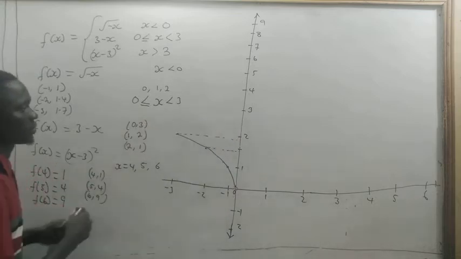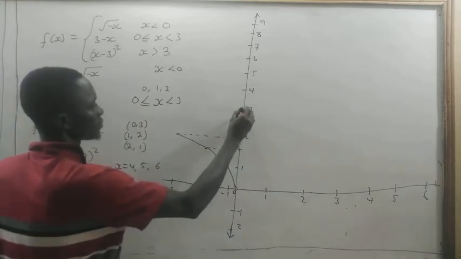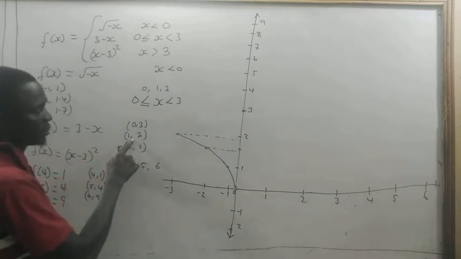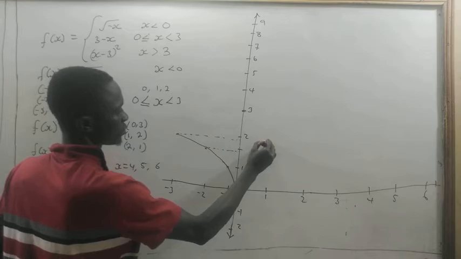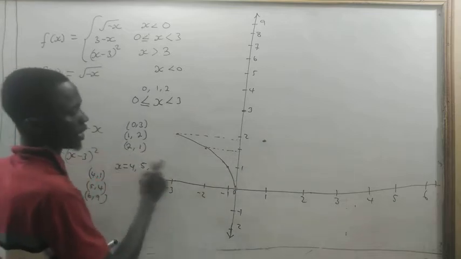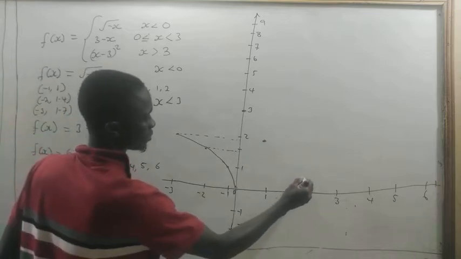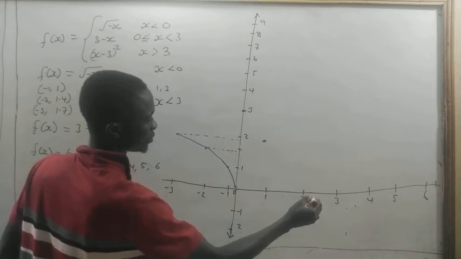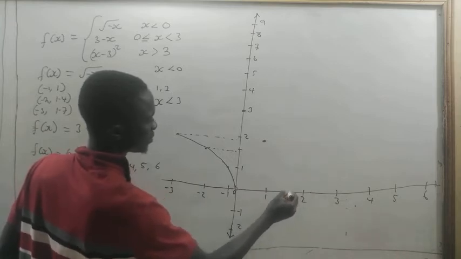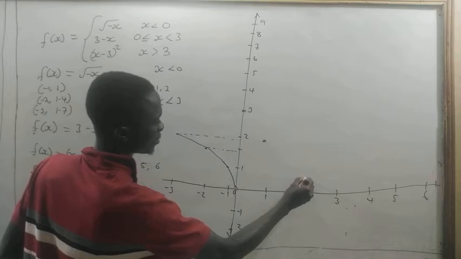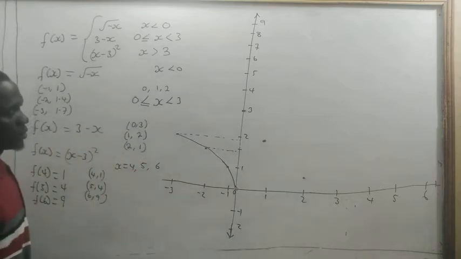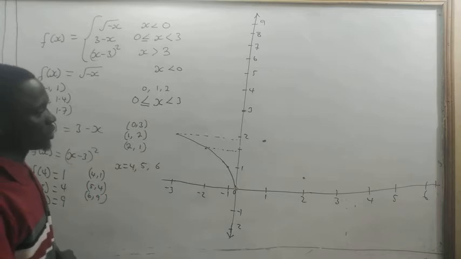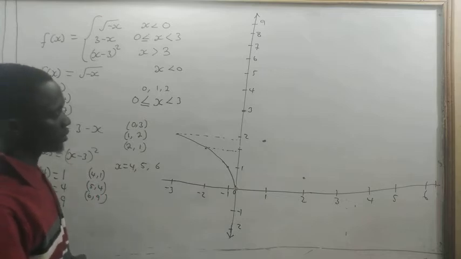0 is 3. 1 is 2. 2 is 1. 2 is 1, right? 1 is 2, 0 is 3, 2 is 1.